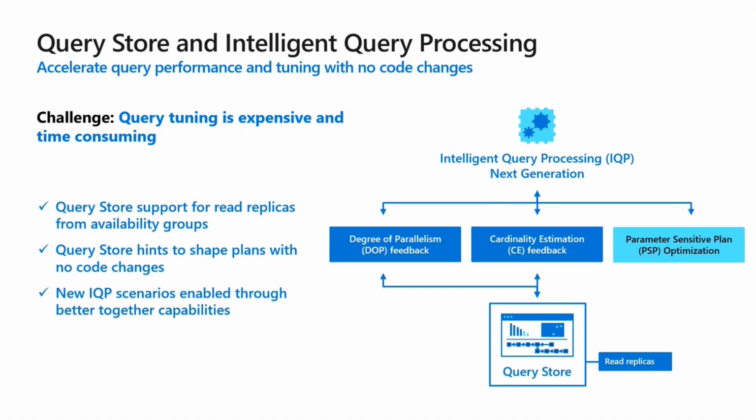It will set it automatically for us without any code change, meaning we don't have to modify the stored procedure. And then it will verify that the upcoming execution will be better than before, and will maintain it over time using Query Store, persisting all this information within Query Store.